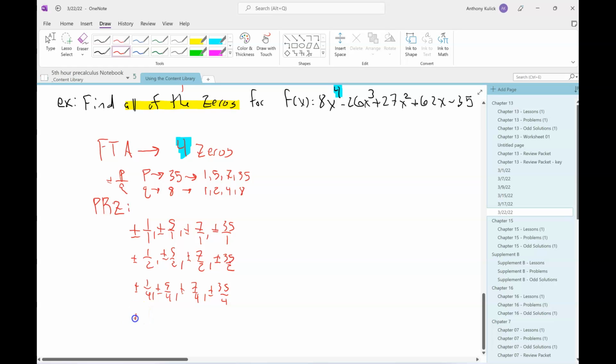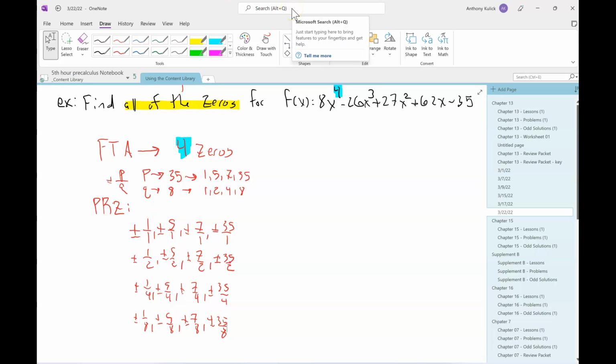And then 1 over 8, 5 over 8, 7 over 8, and 35 over 8. Is everybody okay with how I came up with that list? It's all the factors of P divided by all the factors of Q, right? With plus or minuses in front of everything.